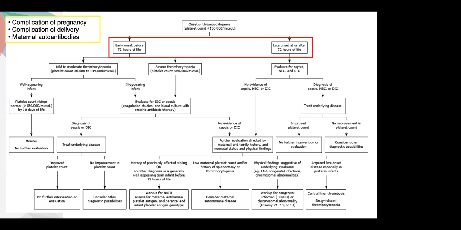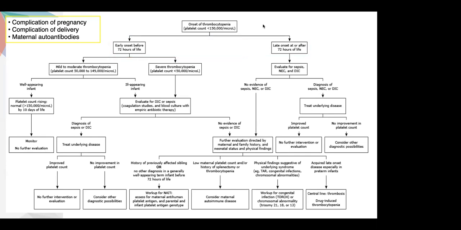Whereas in late onset, it is more a case that is acquired postnatally, like bacterial sepsis, necrotizing enterocolitis, DIC. Aside from that, at the lower part, you can also see that that doesn't actually exclude the possibility of NAIT or maternal autoimmune disease. Another could be a congenital infection, TORCH infection, or thrombosis.